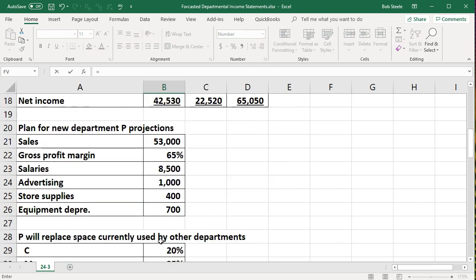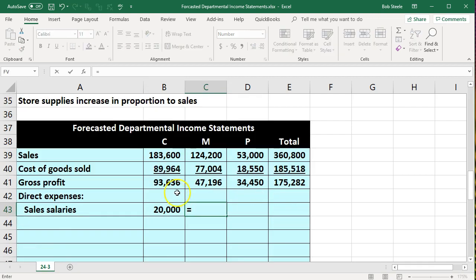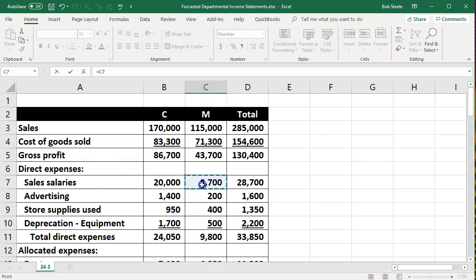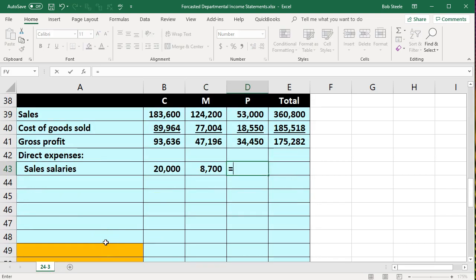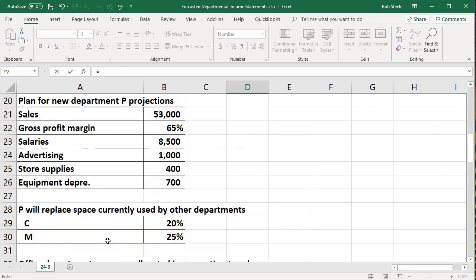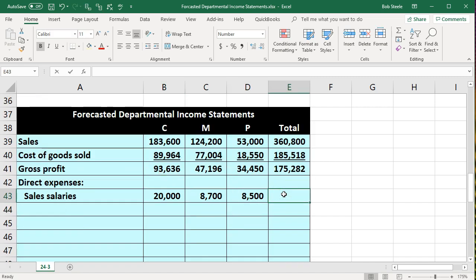So I'm going to say this equals, and scroll back up, and the salary is the 20,000 for C, equals, and scroll back up, and the salaries is going to be 8,007 for M, and then equals, and scroll back up to our new data where we have salaries of 8,500, and enter, and then we'll sum that up, equals the sum of C, M, and P. That gives us the 37,200.